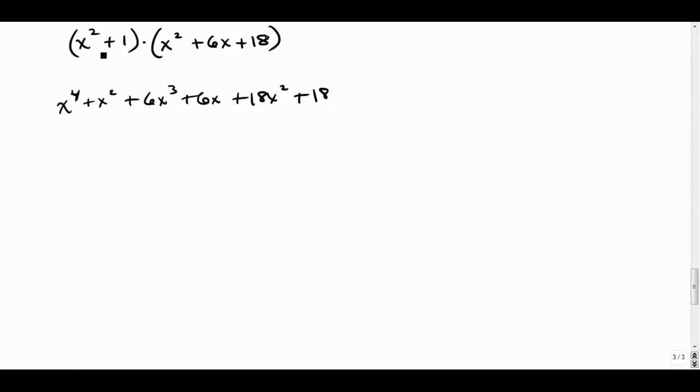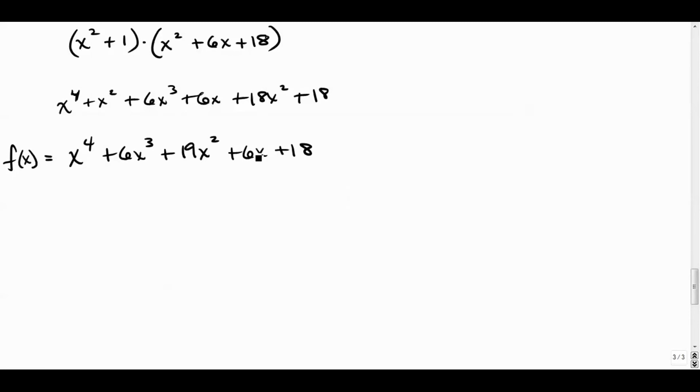Let me check again. Yeah, that's fine. So let's simplify it. This is our function: x to the fourth plus 6x cubed plus 19x squared plus 6x plus 18.